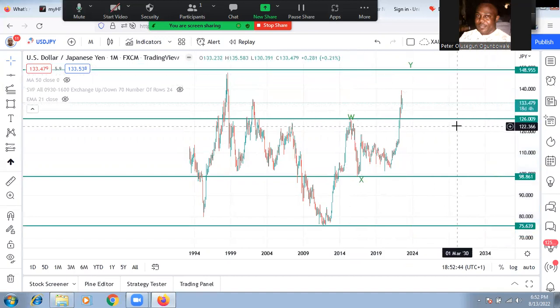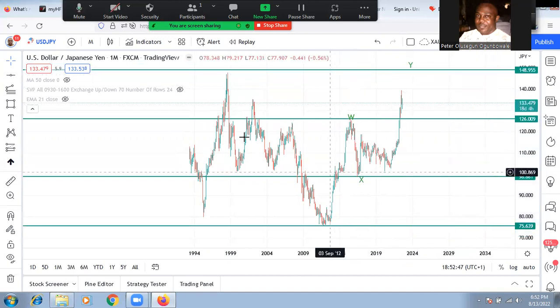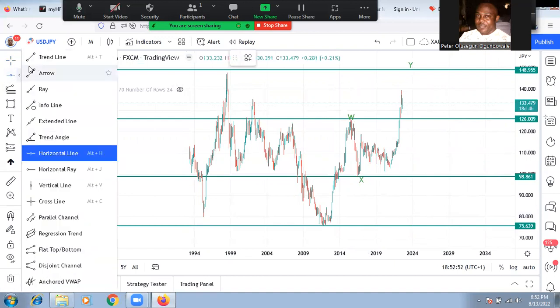So we are still going to move towards 149. That was what I was saying before. We possibly will see yen responding with the way the structure is going.